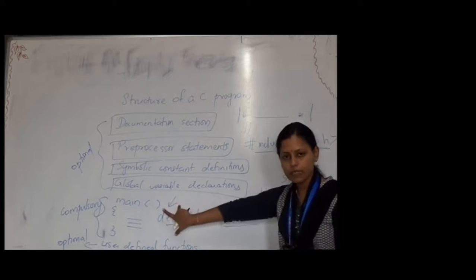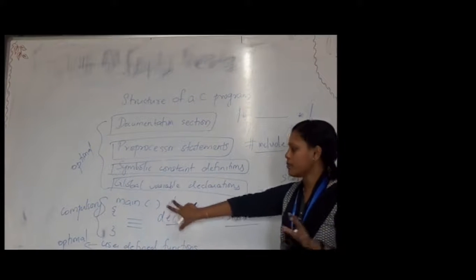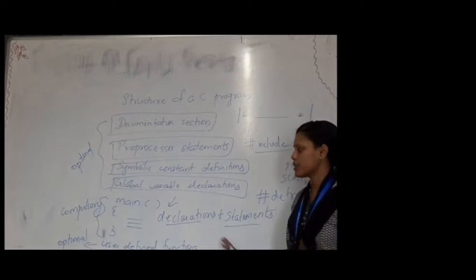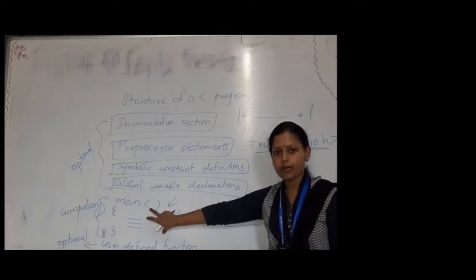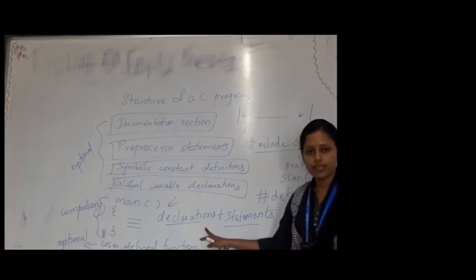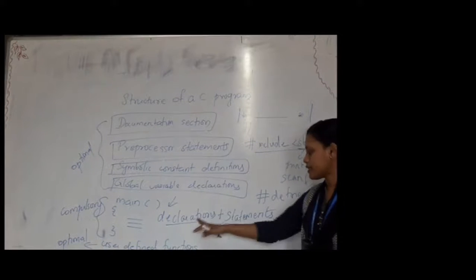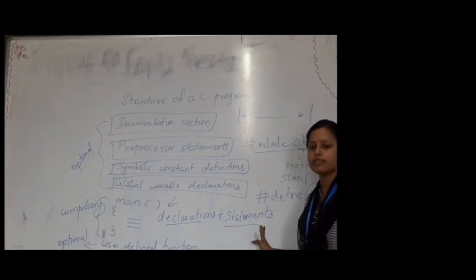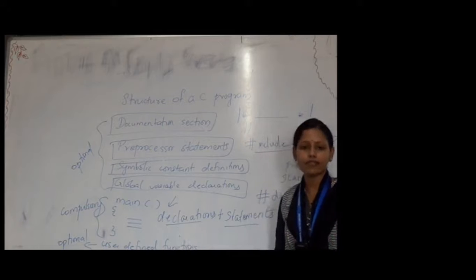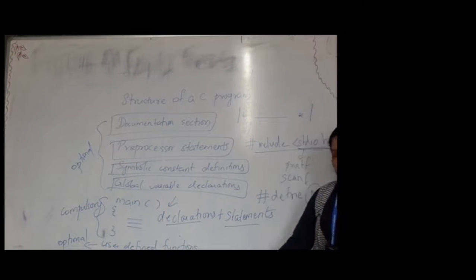Then we have the compulsory part of our C program, the main function. Every C program will contain exactly one main function and the execution of the program begins from the main function. The main function contains declaration statements as well as other executable statements. Then after the main function we have the user defined functions, which is optional.